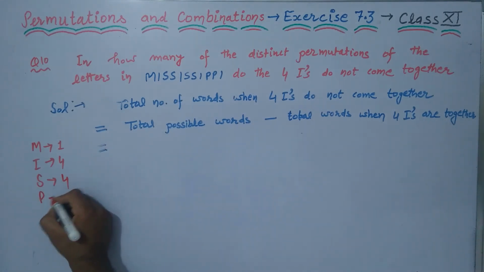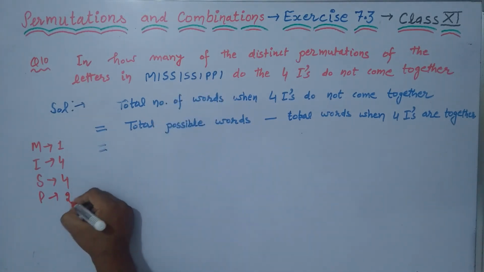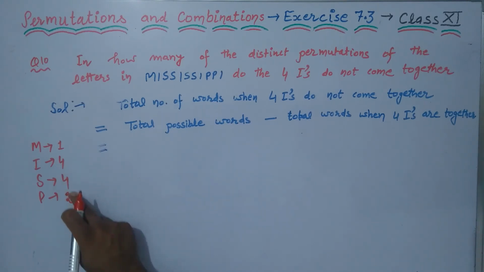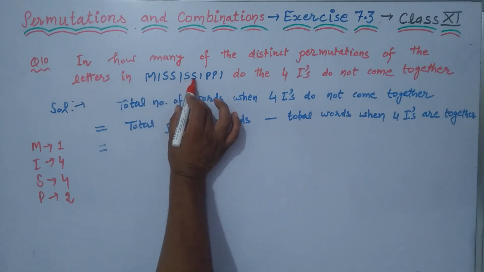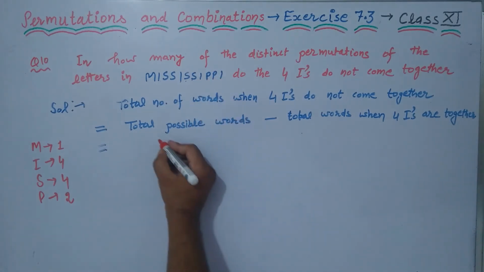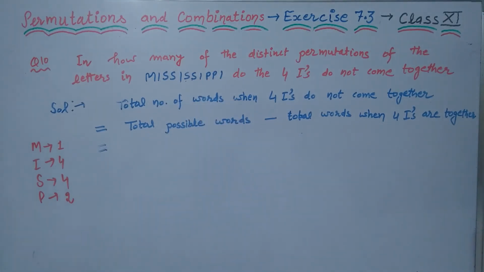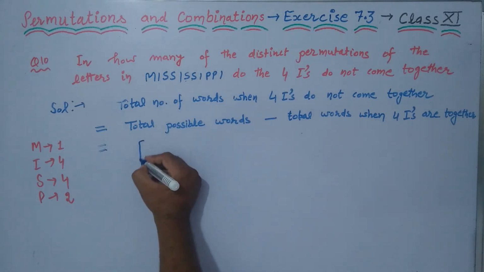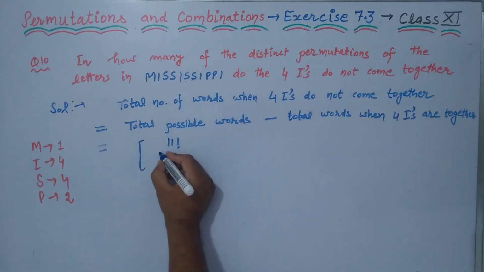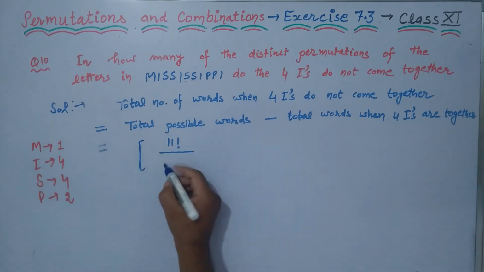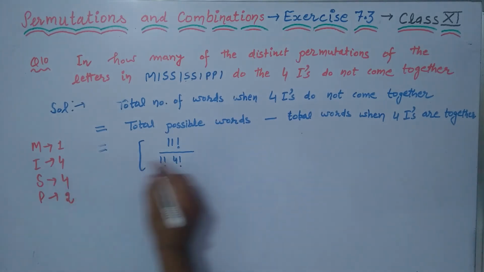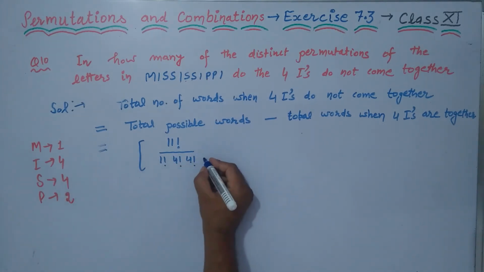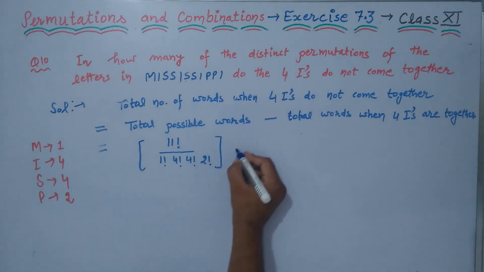Next, P is repeated 2 times. 4 plus 4, 8, 9, 10, 11 letters are there: 1, 2, 3, 4, 5, 6, 7, 8, 9, 10, 11. So we have 11 letters. Total possible words are 11 factorial divided by 1 factorial into 4 factorial into 4 factorial into 2 factorial, minus.